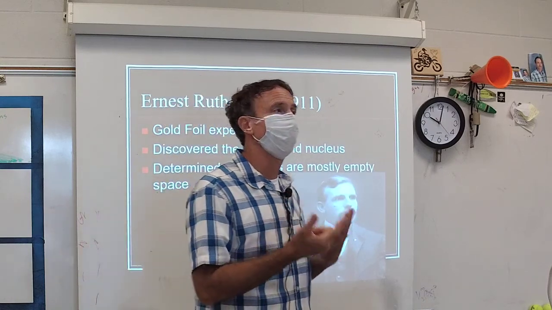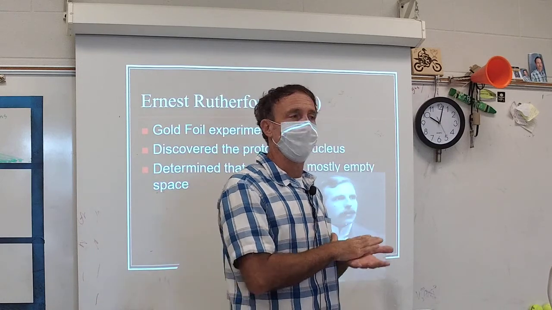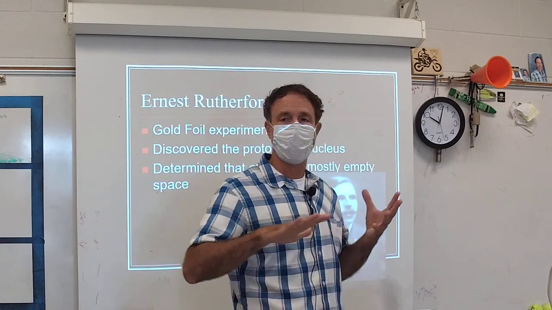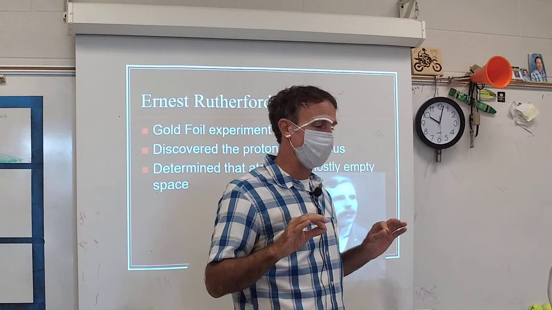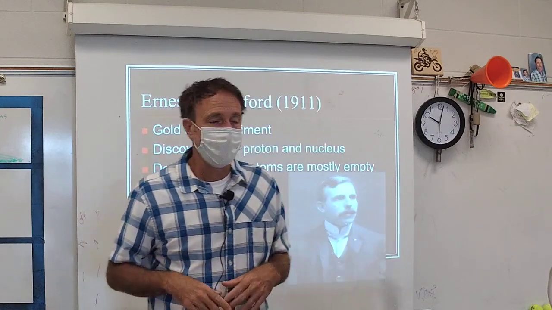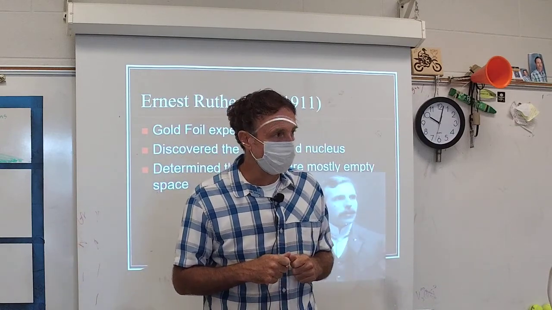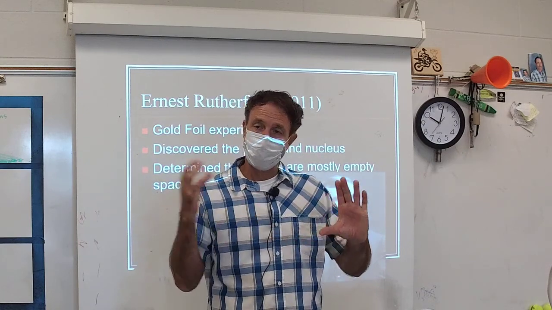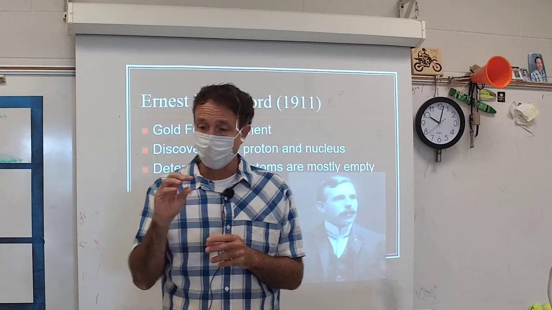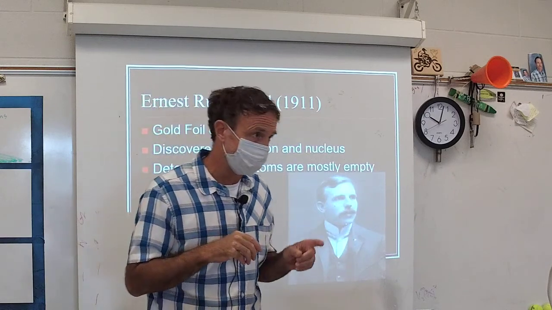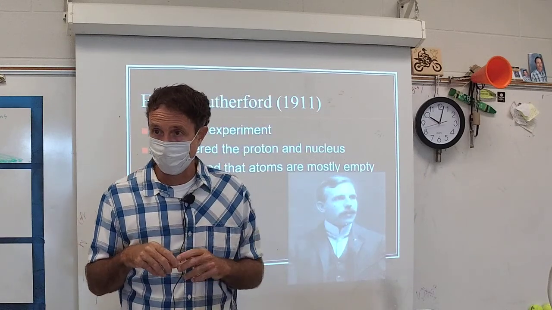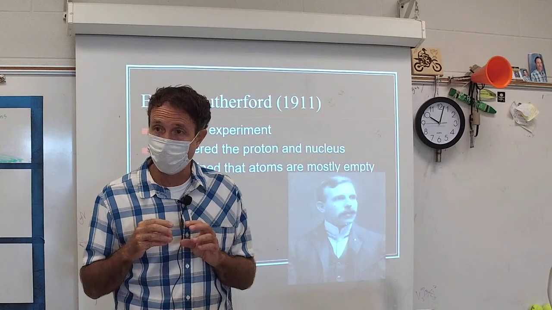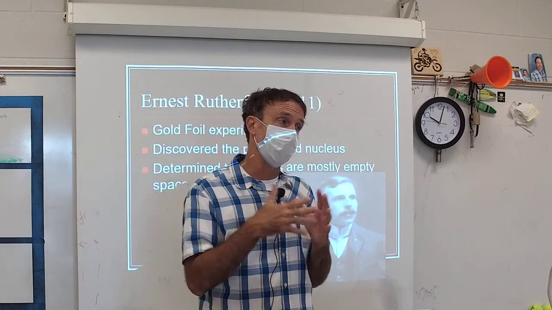He got a sheet of gold foil. He had it stamped as thin as it could be made in 1911. And he put this gold foil up, and then he got basically a little gun that could shoot particles of radioactive decay, charged particles, through the foil.